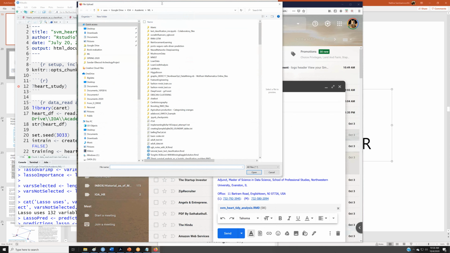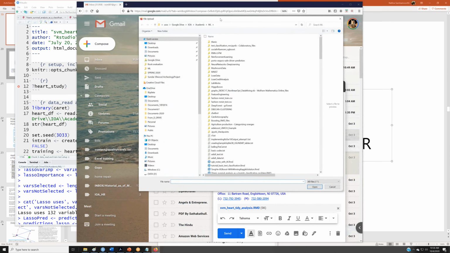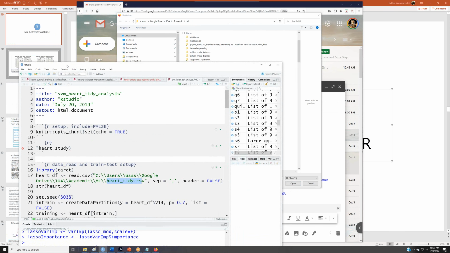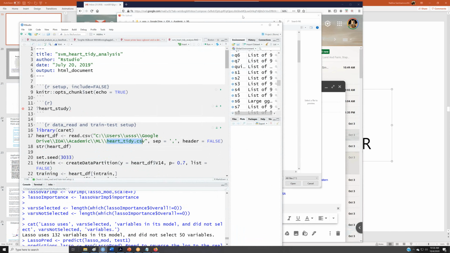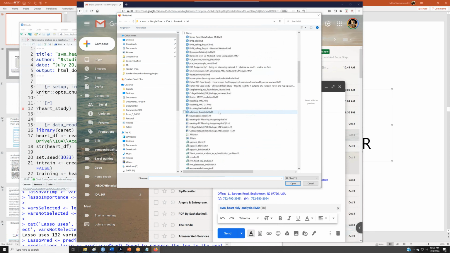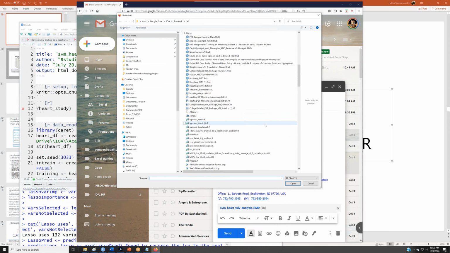It is called heart study CSV. That's what the data set name is.